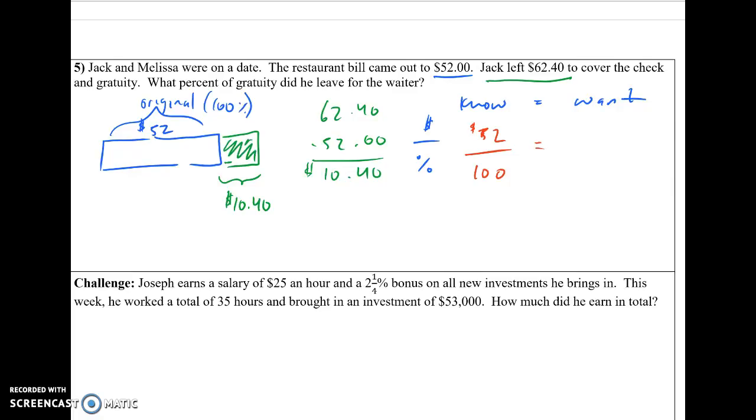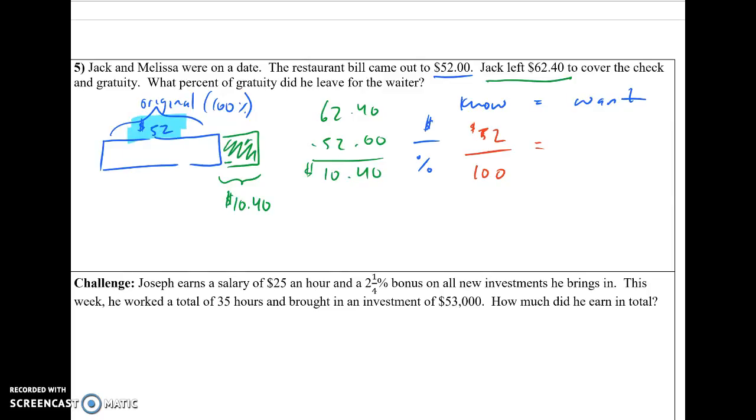Okay, now let's see what we're trying to find. The question says, what percent of gratuity did he leave for the waiter? Well, we know that he left a $10.40 tip. And the way we would calculate that is taking a certain percentage of $52.